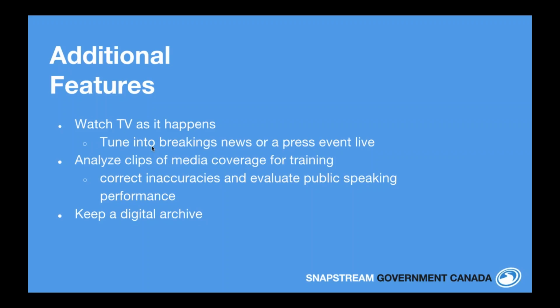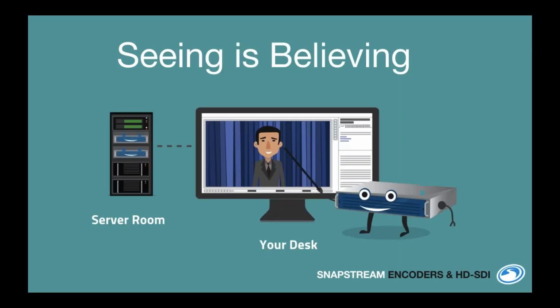I think more often in Canada they're known as media relations officers, MROs. Your MROs can get training and constantly up their game by watching how other MROs perform in front of the media, identifying things they could do better, as well as things that they're doing well that they want to repeat. And of course, you're able to maintain a digital archive as well.